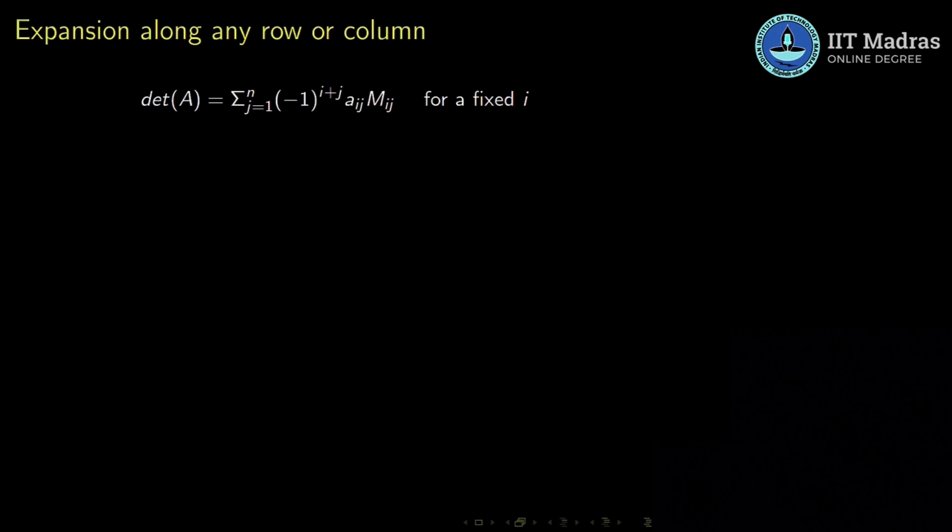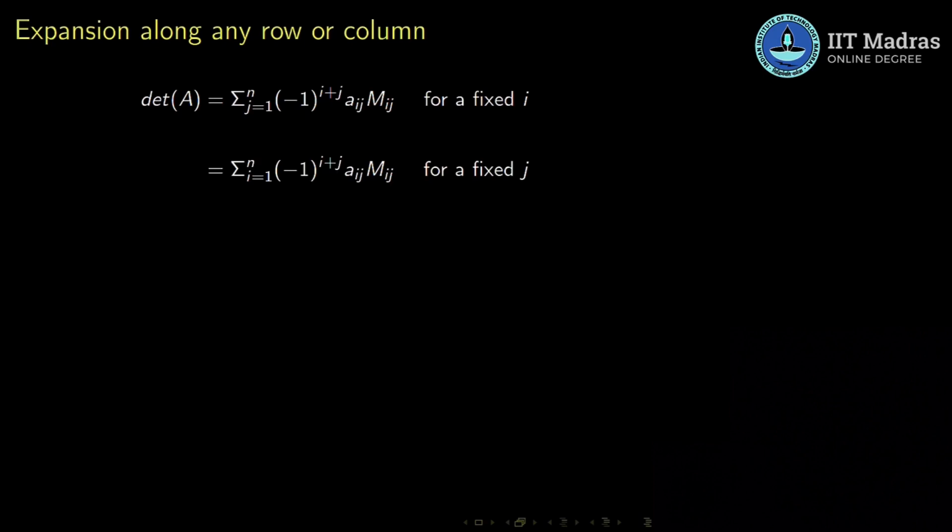So, when i was 1, we had minus 1 to the power 1 plus j A1j M1j. Now what we are saying is we can replace that 1 by i, and the formula works equally well. The expansion along the first row was the definition that we are going to use, and what we are saying is it does not matter whether you use 1 there or any other row, you can expand along any other row.